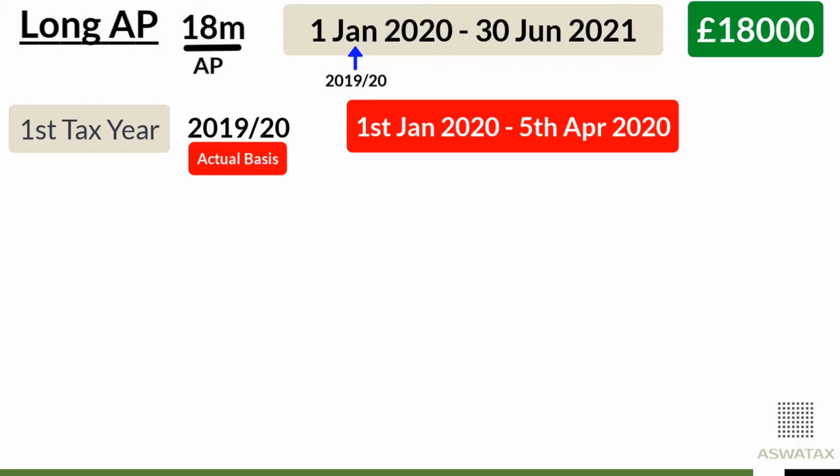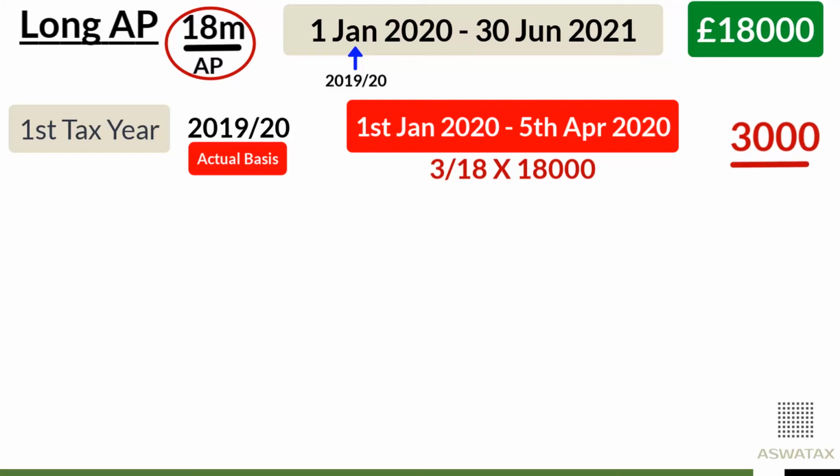That would be 3 months, January, February, March, out of an 18-month accounting period ending 30th June 2021. So we take 3 months out of the 18 months, multiply it by the profits of £18,000, which gives you £3,000 assessable profits in the first tax year, 2019-20.